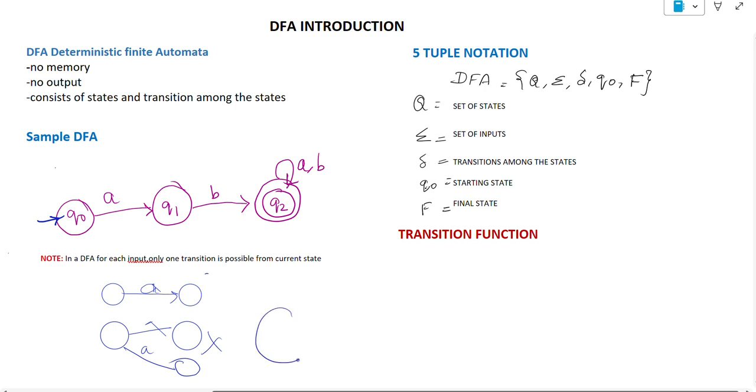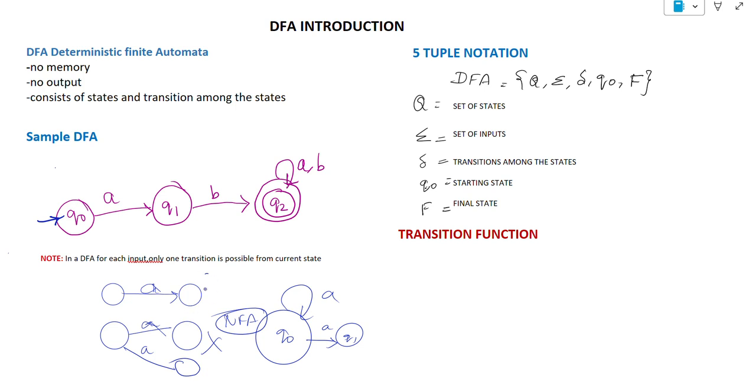This is also not possible. This is one state, this is one state, and it is going to accept the same input. Both are almost the same, so this is not possible. This is possible in an NFA but not possible in a DFA. So a DFA accepts one input and moves to one state only. Only one transition is possible with one input.